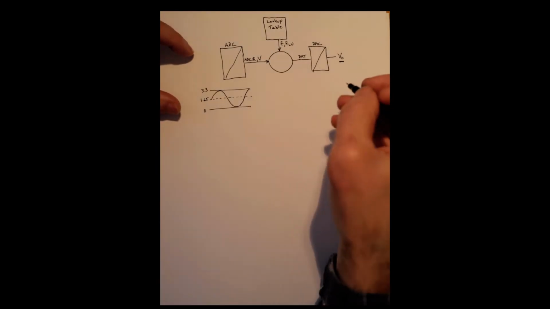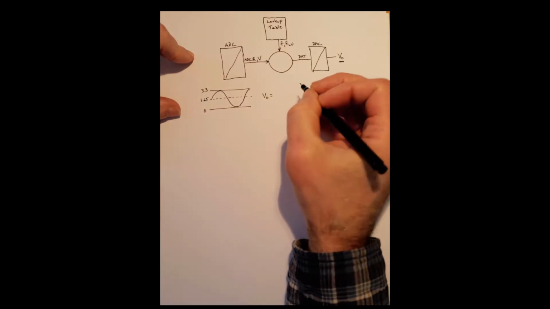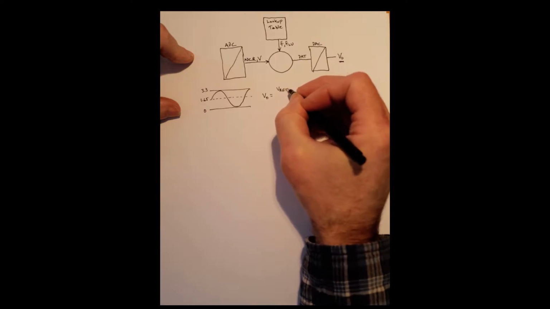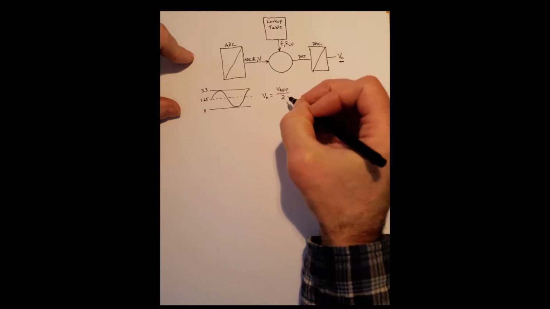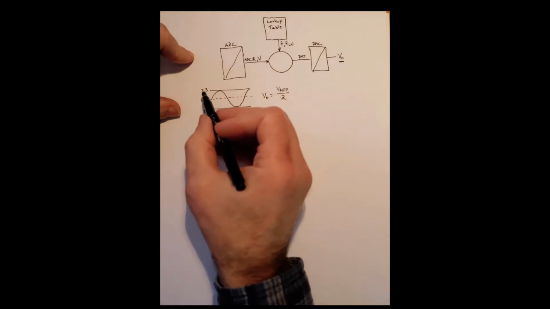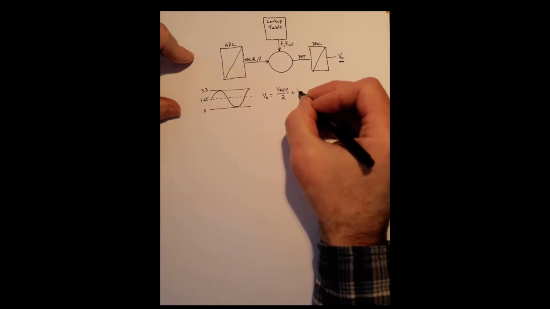Well, the equation for this, Vout, would be Vref, and here, remember, we could configure Vref for the DAC. Here we're going to be assuming Vref is set to 3.3, but it doesn't matter.